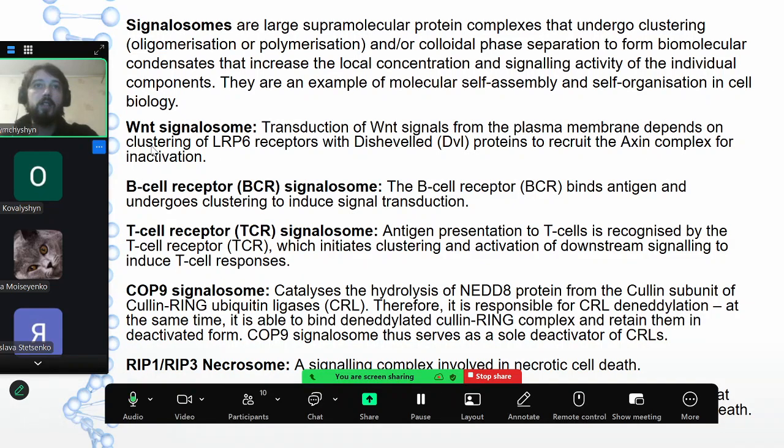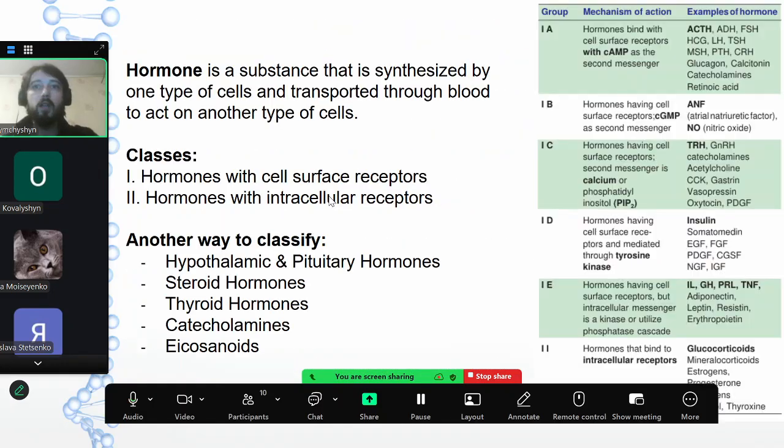Here are just examples of different signalosomes, where you have receptors and other things collected in one place for better efficiency. So I'm not getting into that. And the final things to show you: we have considered different receptors and what happens beyond, and here are just examples of different chemicals that activate these receptors and that are well known to you under the name of hormones.